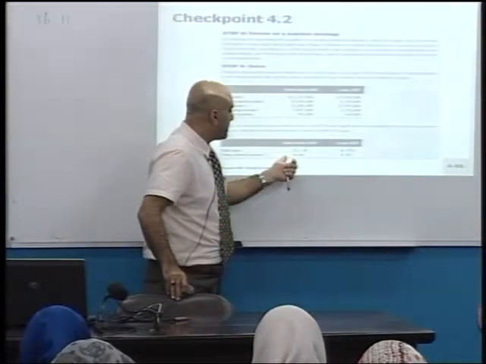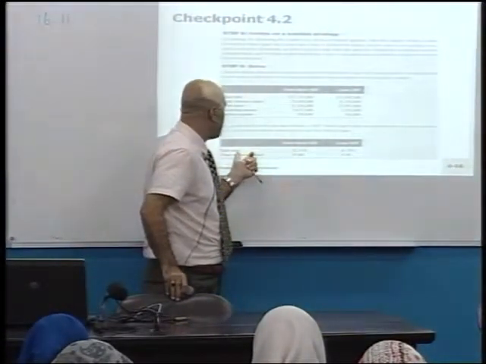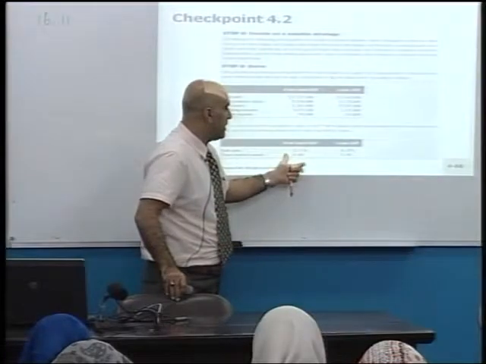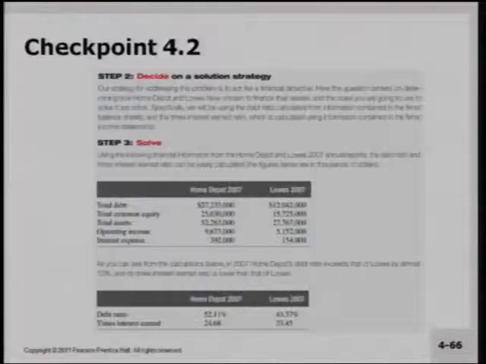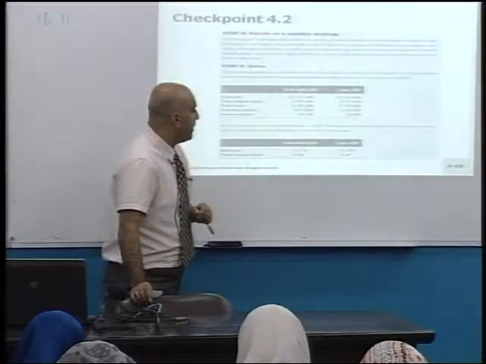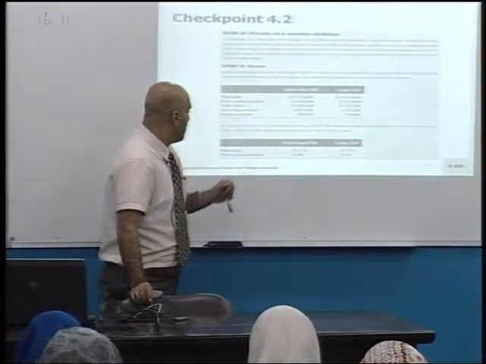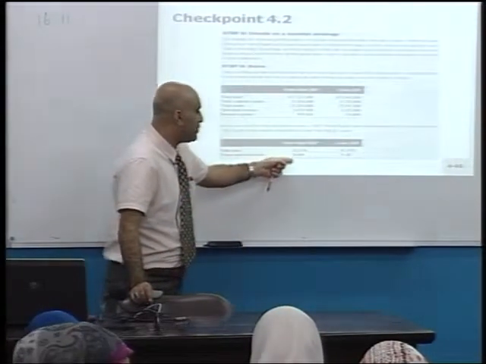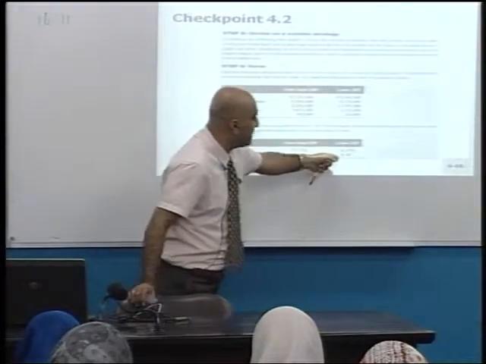After calculation, the debt ratio is 52% for Home Depot and 43% for Lowe's. It means the debt ratio in Home Depot is higher than Lowe's. The times interest earned here is 24, and in Lowe's is 33.